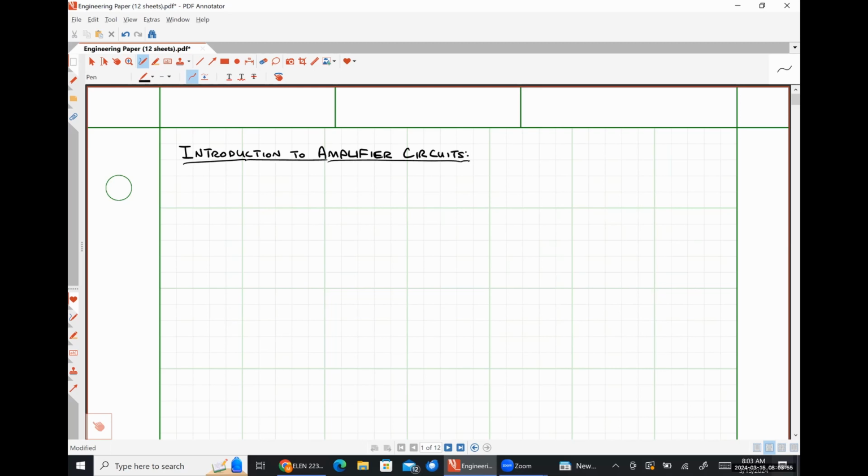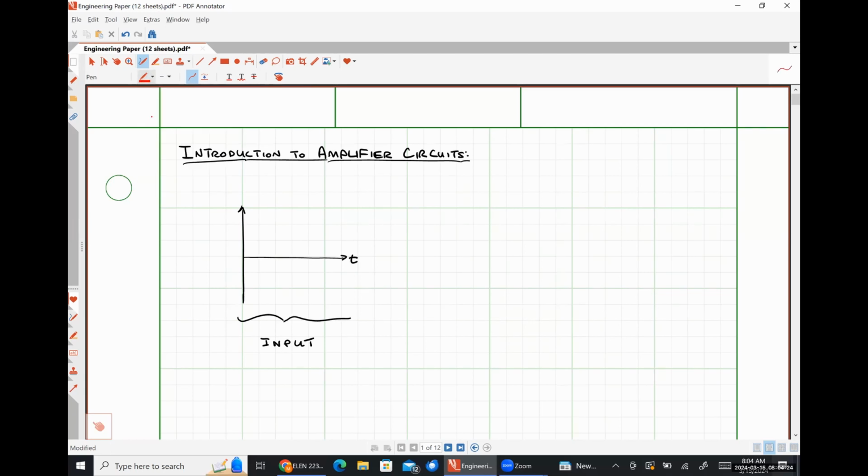So let's say that I have a waveform. So I'll put one over here on the left-hand side. Where this is a function of time, and this graph represents an input signal.